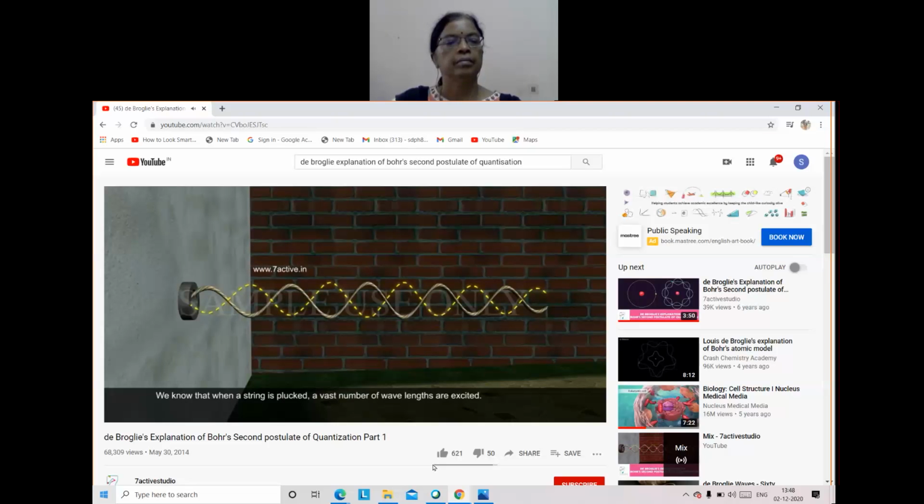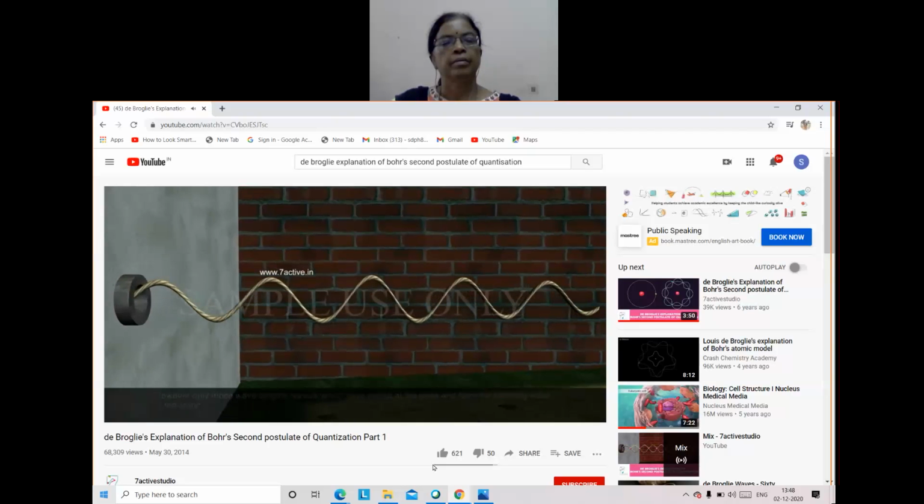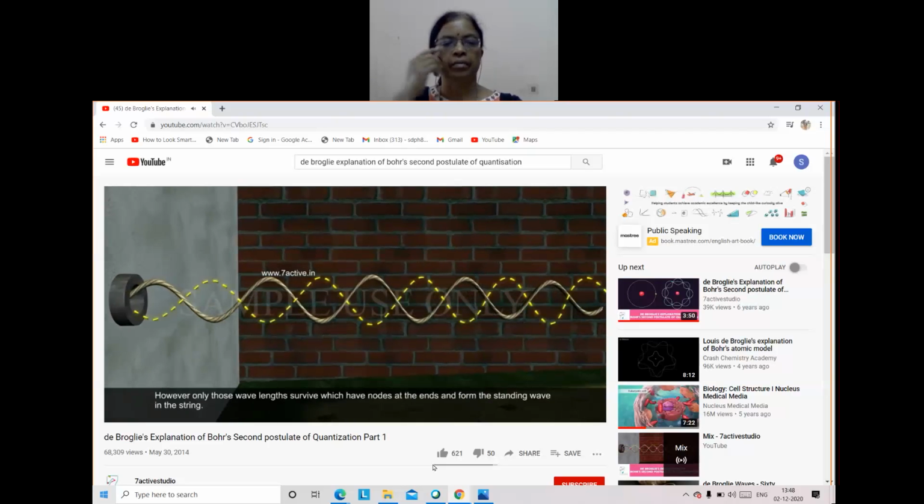We know that when a string is plucked, a vast number of wavelengths are excited. However, only those wavelengths survive which have nodes at the ends and form the standing wave in the string.